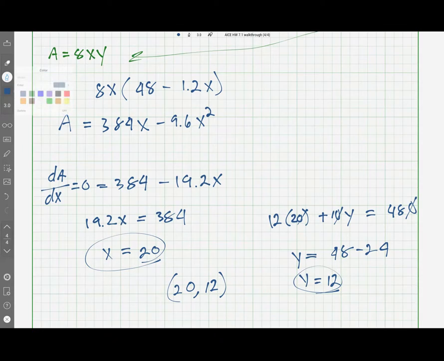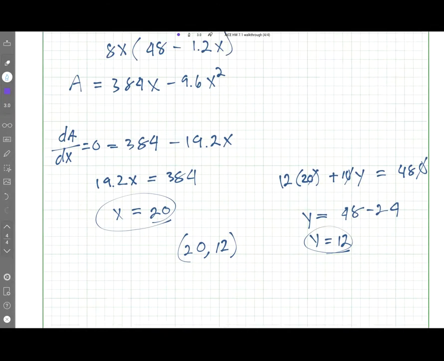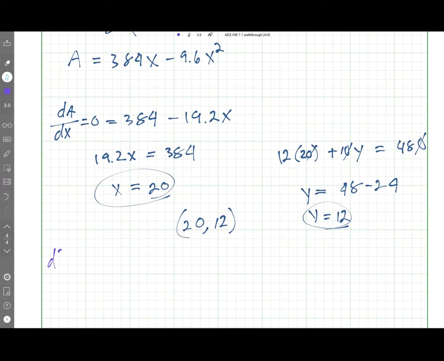But we have to prove that it's a maximum. So we take the second derivative, d2A/dx squared, and we end up with negative 19.2, which is less than 0. Thus, max. So there we go.